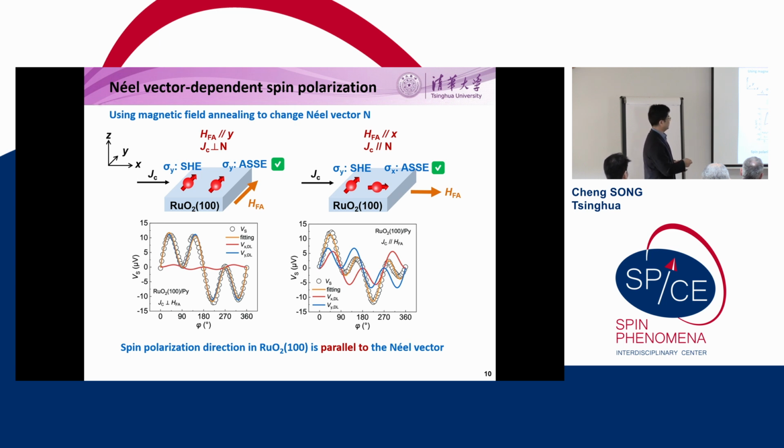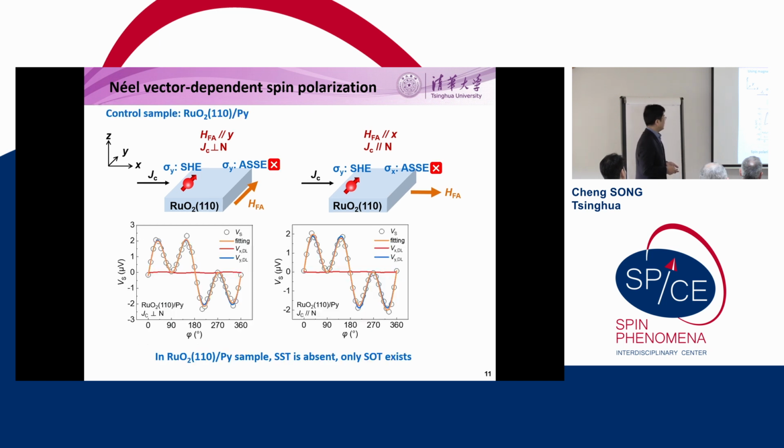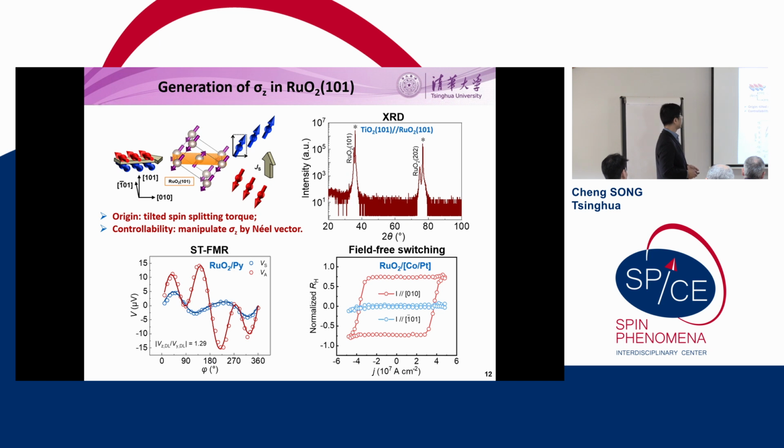But when we field anneal the sample along the x direction, the traditional spin Hall effect has spin polarization along the y-axis and the spin splitting effect along the x direction. So the spin torque FMR signals have both. For the control sample, no matter what direction, both samples only show the traditional direction. So there is no modulation of spin polarization in this control sample.